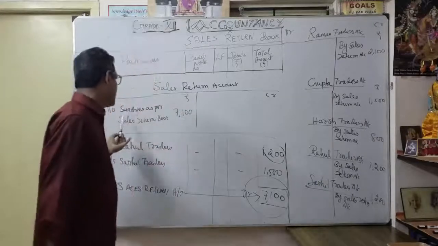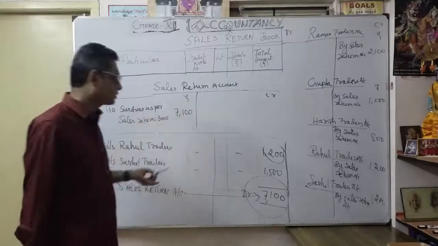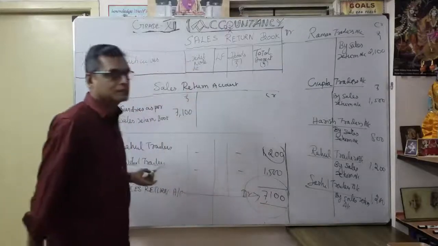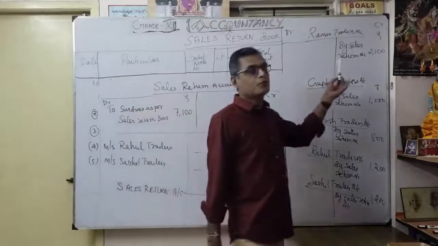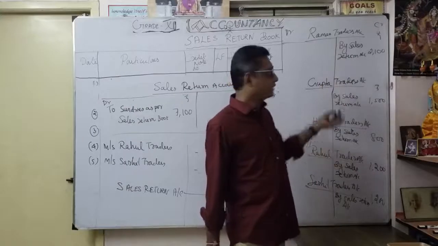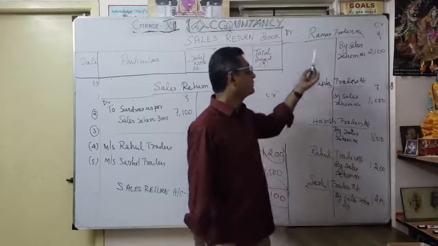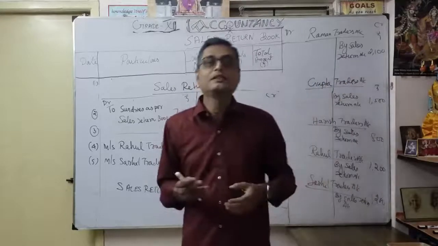Correct. That is simple. In the sales return account, all the sales returns from all the customers are recorded in total, that is 7,100 here. Individually we are also going to record each customer's account separately. This is very important because we know the exact balance of the customer only when we record how much we sold and whatever they returned.